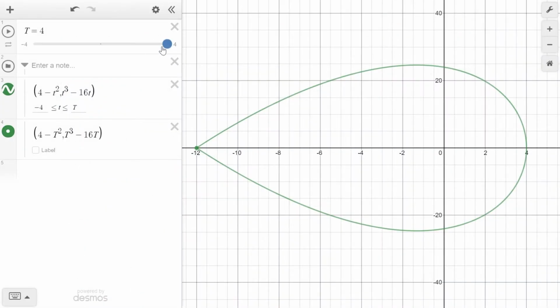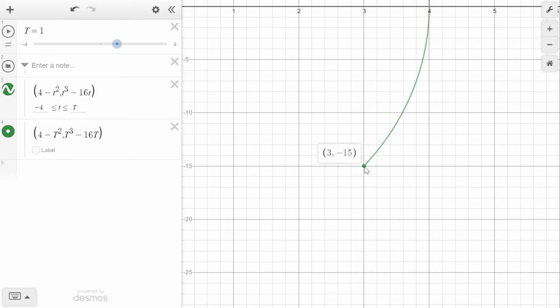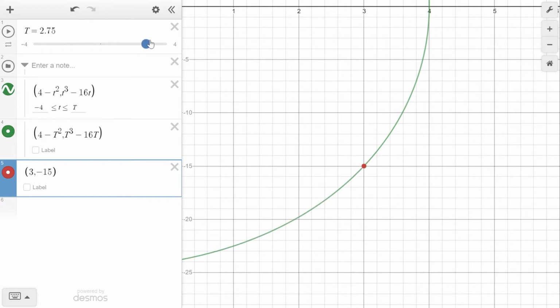If we back up the parameter to where t equals 1, here, yeah, you can see that this is concave up, right? Based on that section. If you focus in on this point, and if I complete the rest of the graph, you see, yeah, that's concave up for sure, right?